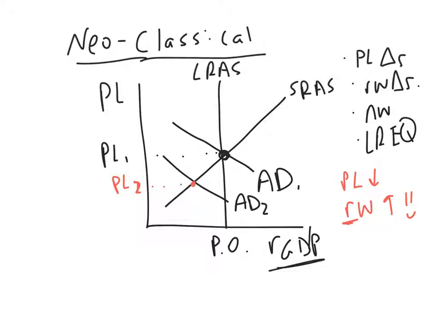So in the long run, nominal wages are going to adjust downwards as producers look at lower prices and say, you're going to have to accept a lower wage because I'm receiving less money because the price level is falling.